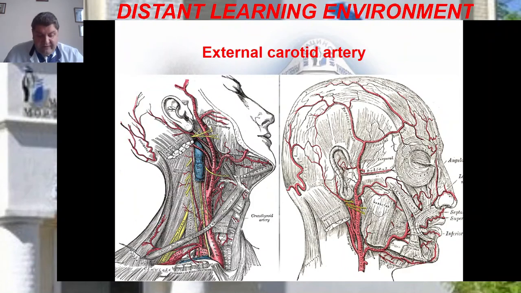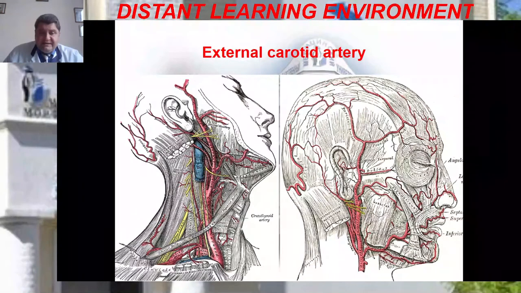So along the way, it gives a branch to the sternocleidomastoid muscle, and it gives branches for the thyrohyoid muscles, and also for the larynx.